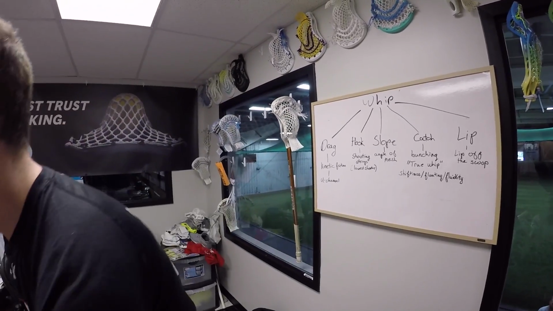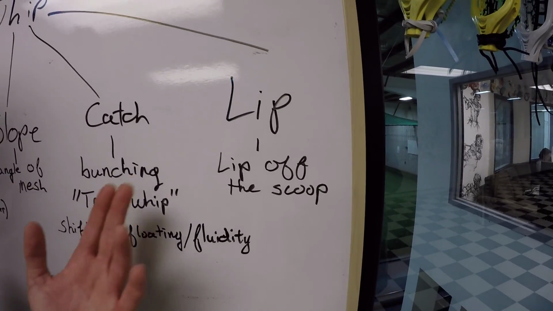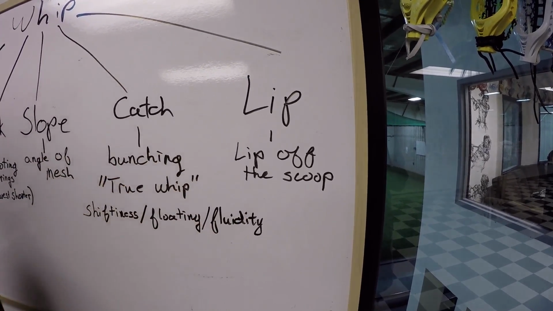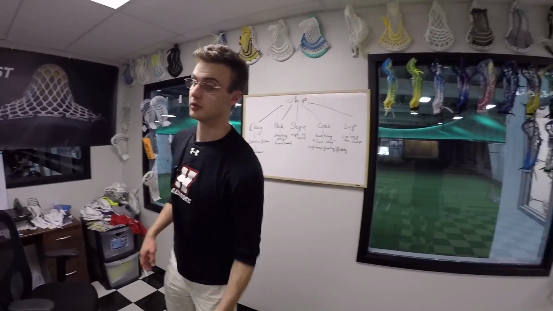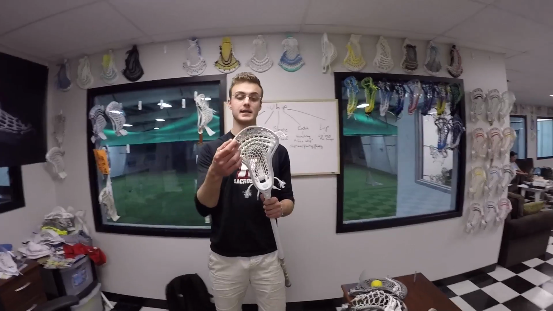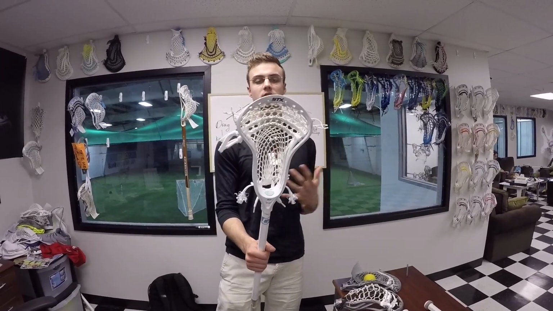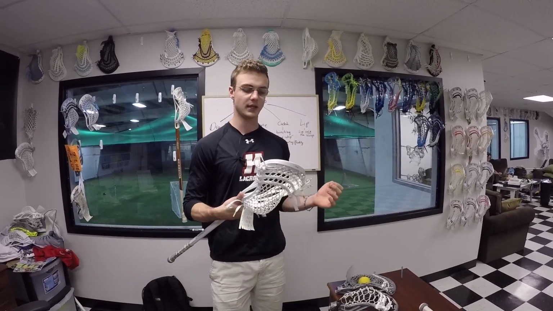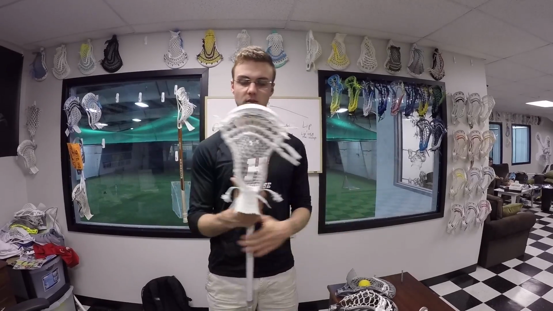Our final idea is the simplest and actually least common nowadays, the idea of lip. And it's how the ball lips off the scoop of the stick. When I say it's the least common, with the proliferation of some of these 9-diamond top strings and the triangle tops and more people stringing their own sticks and adding more tension across the top, we don't have many issues with people having the ball click off the plastic anymore.